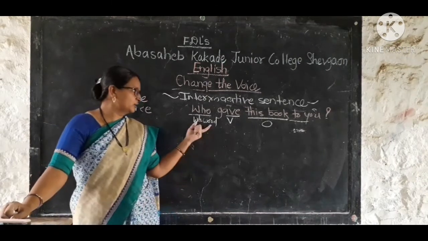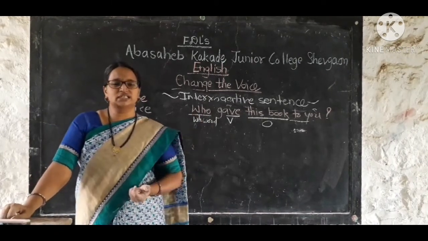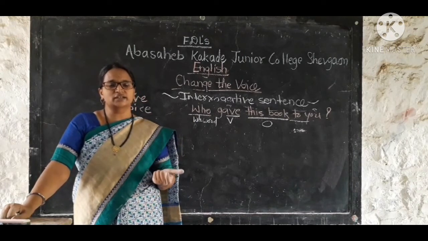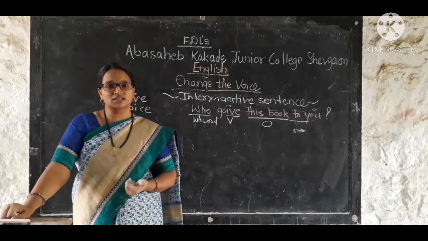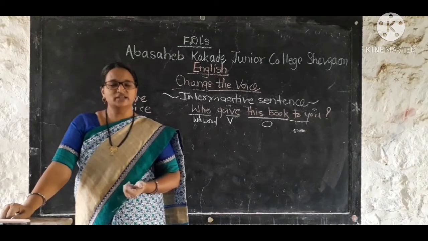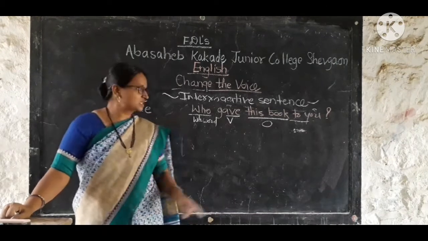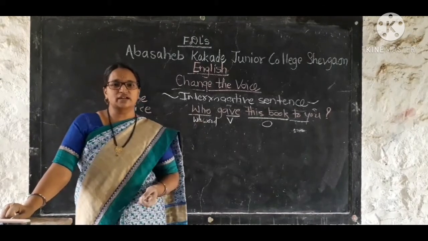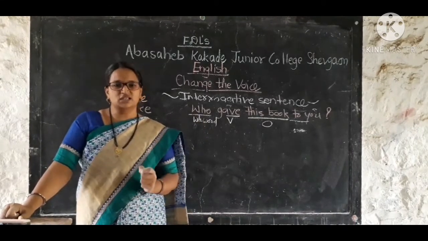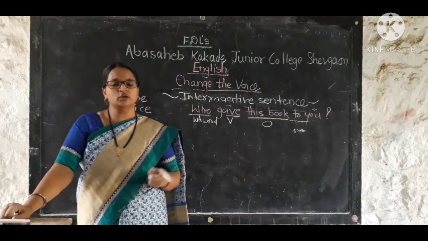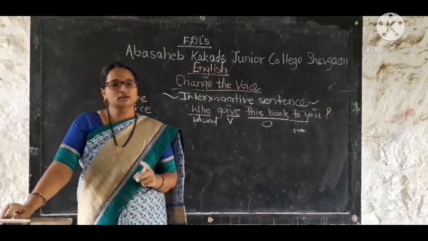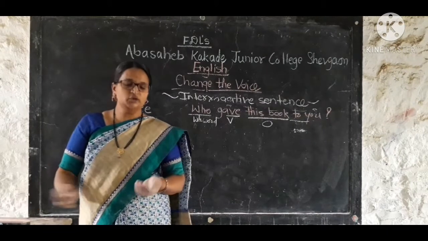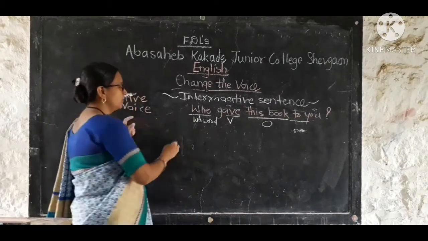त्यासाठी विद्यार्थी मित्रांनो आपल्याला ह्याचे नियम माहिती असले पाहिजेत की WH क्वेश्चन जर असेल तर त्या वाक्याचं ऍक्टिव्ह मध्ये रूपांतर पॅसिव्ह मध्ये कसं करायचंय. तर त्याचा पहिला नियम आहे की पॅसिव्ह करत असताना त्याच WH वर्डने सुरुवात करायची. Begin your passive voice with the same WH word. When your question begins with who, then you have to begin your passive voice with by whom.